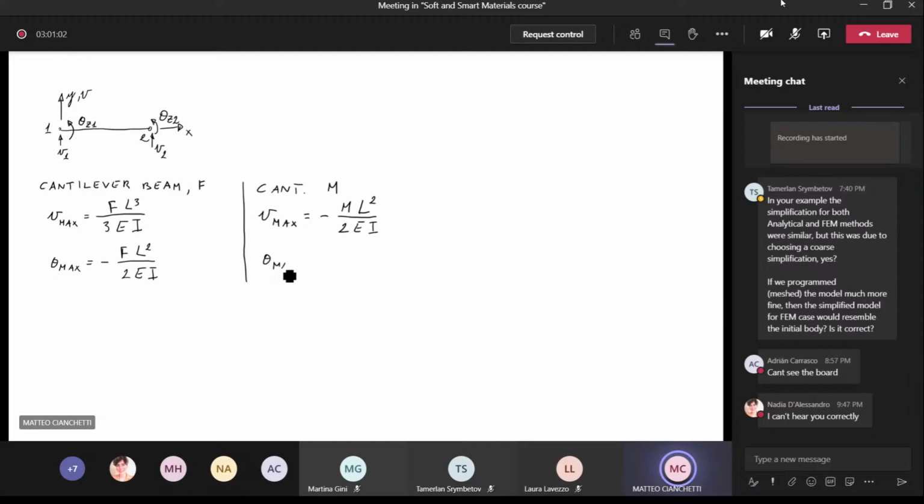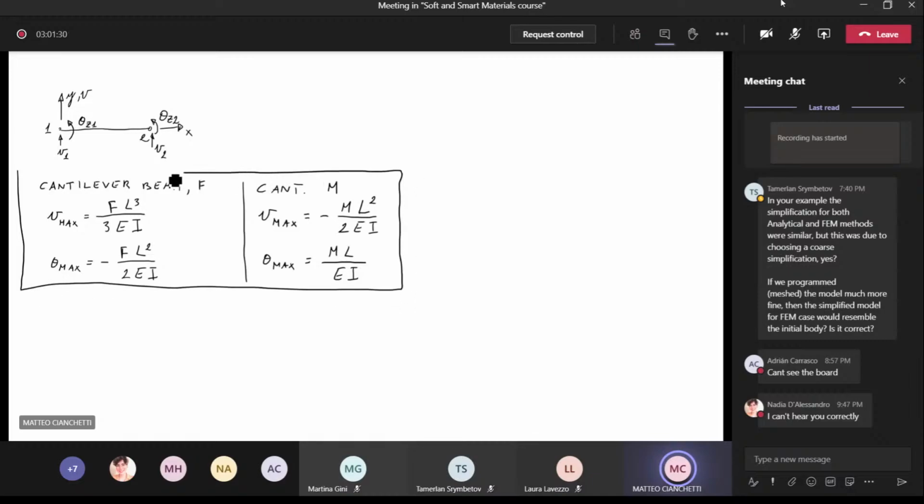The maximum rotation, with a similar approach, is moment multiplied by the length on E multiplied by I. Okay, this is just what the Euler-Bernoulli theory says. So this is the set of equations that we can use from an analytical point of view to find our solution.